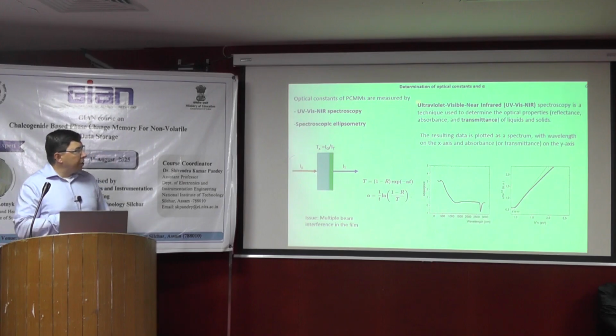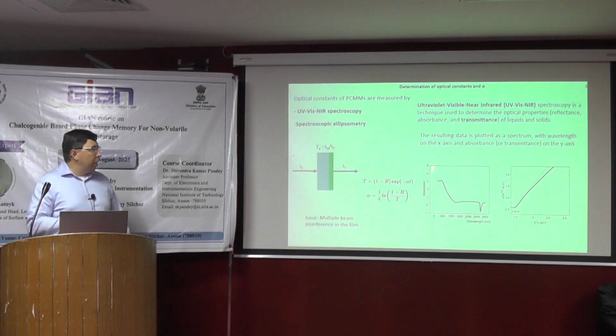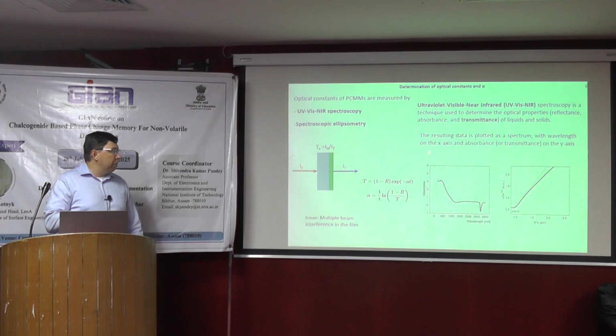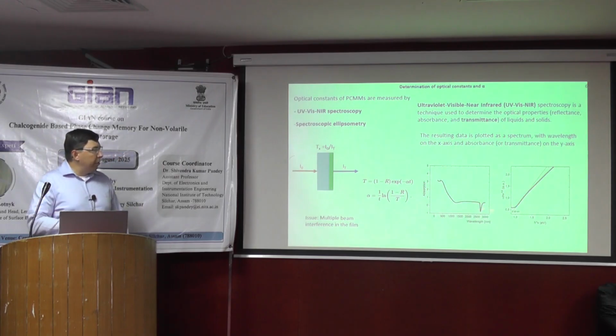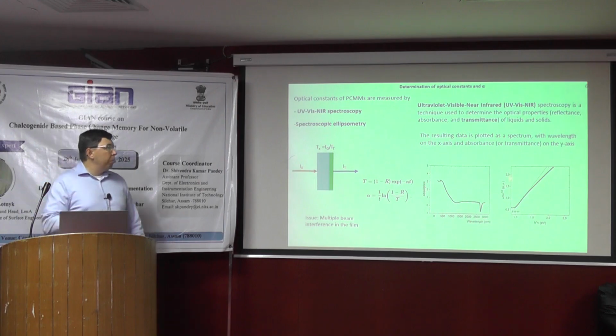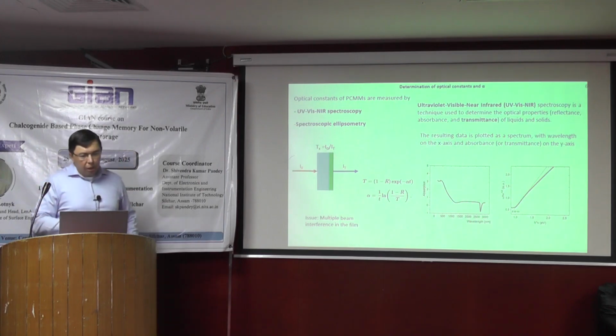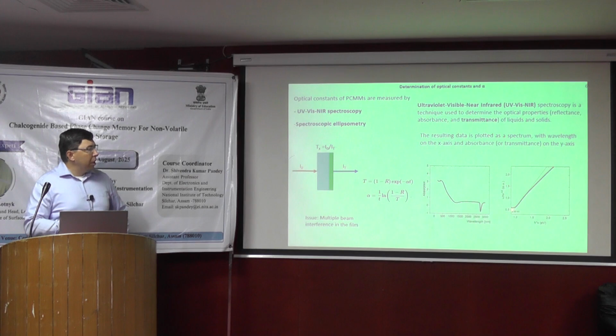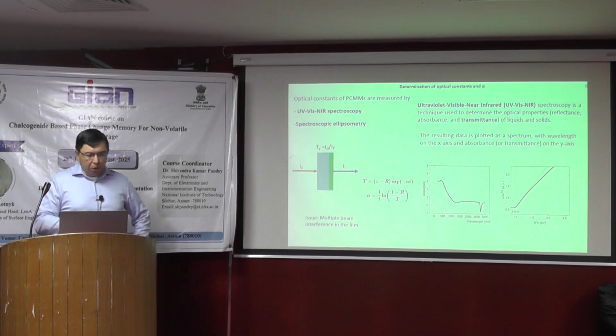So in this technique, the data you get is plotted either as absorption against wavelength, or as transmission against wavelength, and then by using this equation, you can transform the data and calculate the band gap, and you can find the basic property of your material.